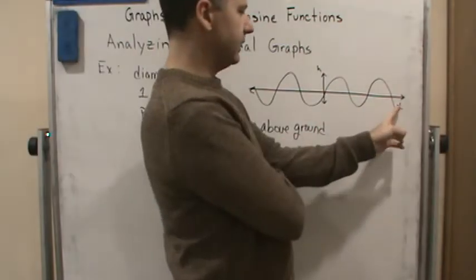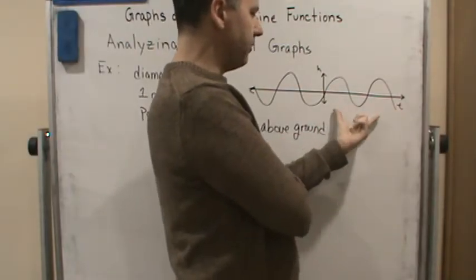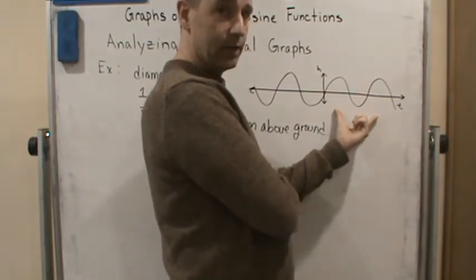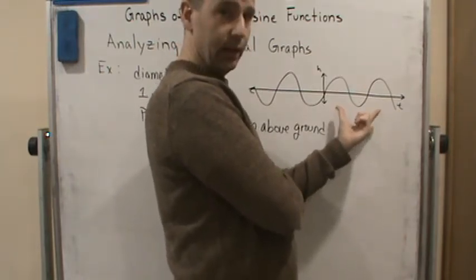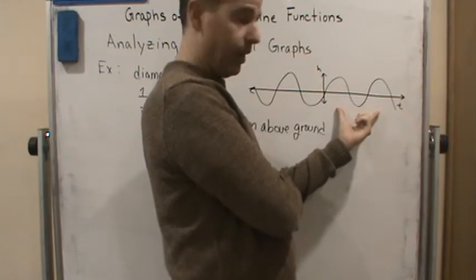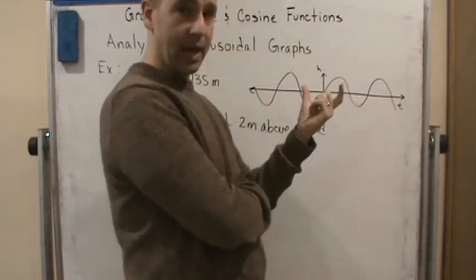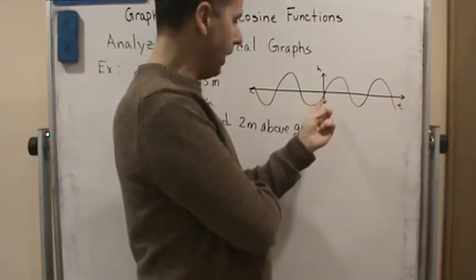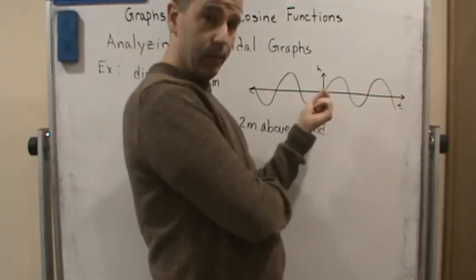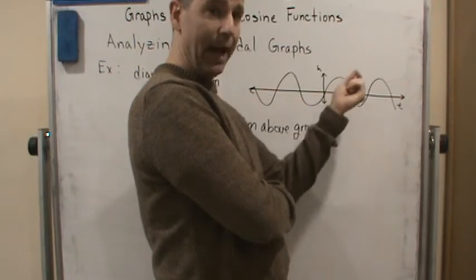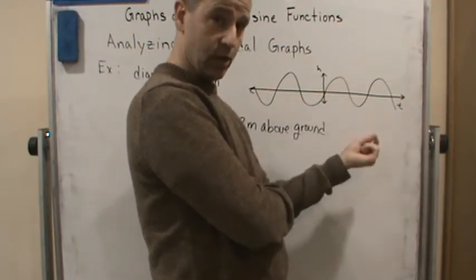The x-axis is time, so now instead of defining period as the minimum length that the function repeats itself, we're going to say it's the minimum amount of time by when the point reaches back to its original, starting position.